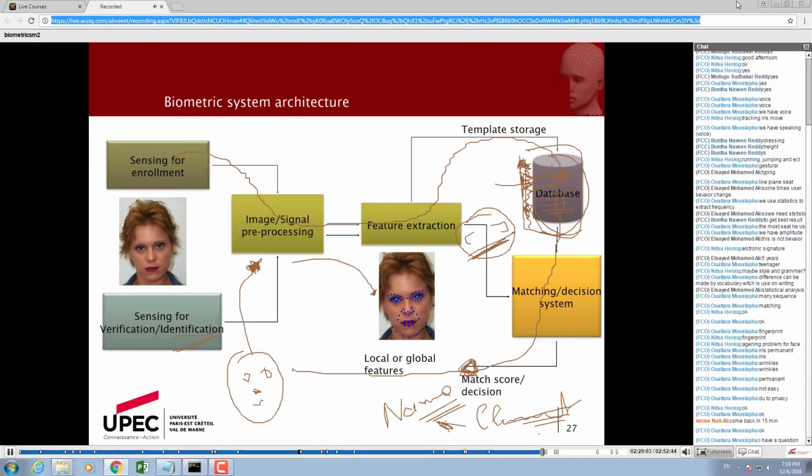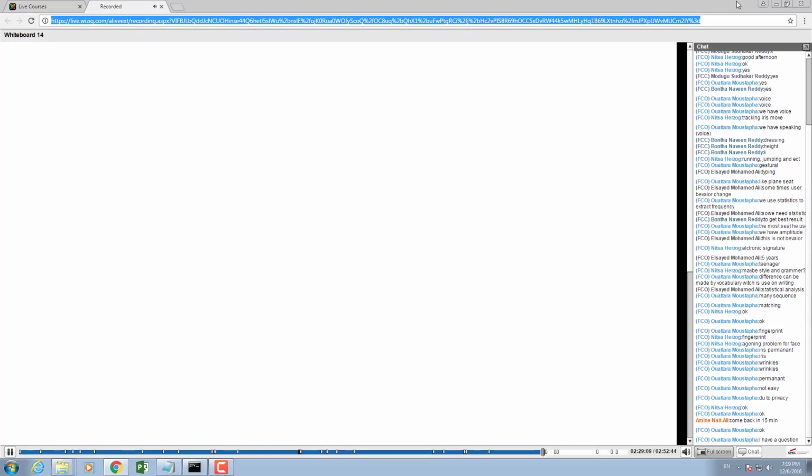Of course, when you have a small database of 10 persons, it shouldn't be a problem. You can compare, it will be quick, fast. But if you have billions of data, it will be complex. And for classification, you will take classes and labs on classification methods.